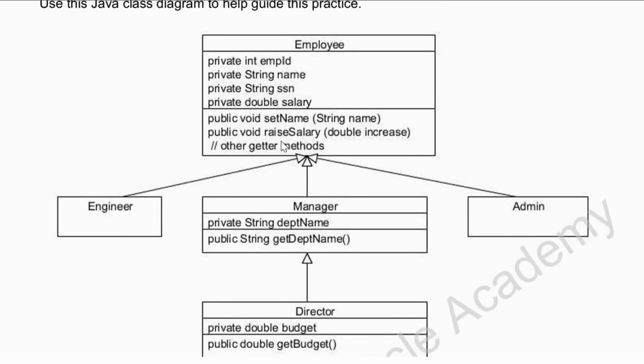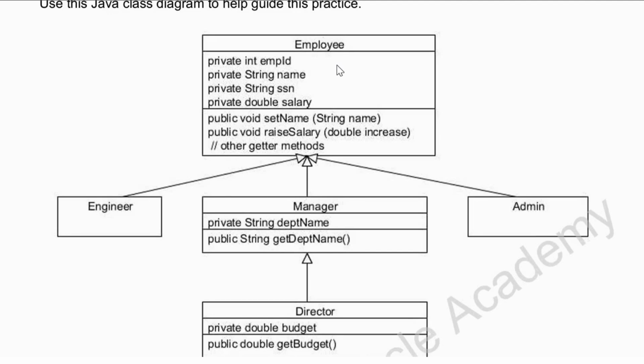So that's one key thing to note. Now, here we have an access modifier which is set to private. In my video, we will change these access modifiers to protected, and I will explain why.